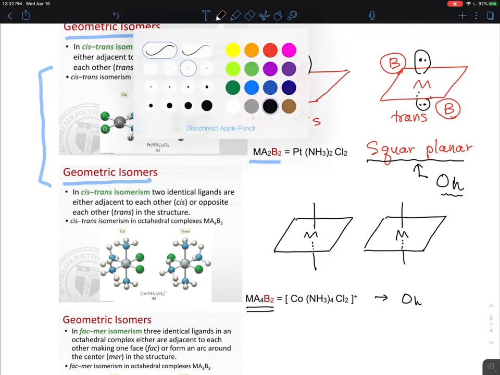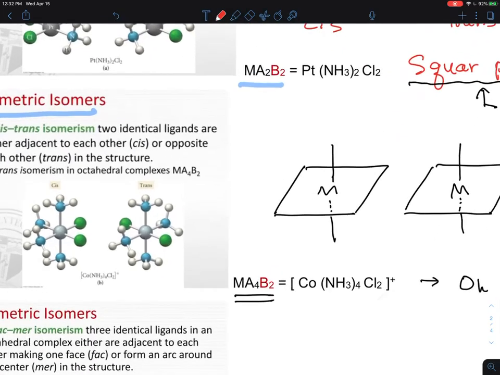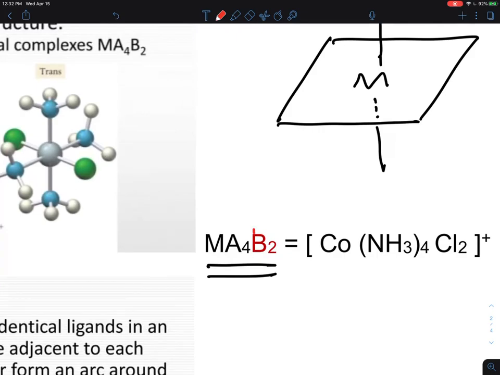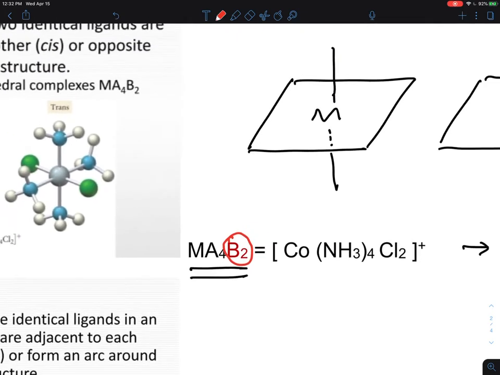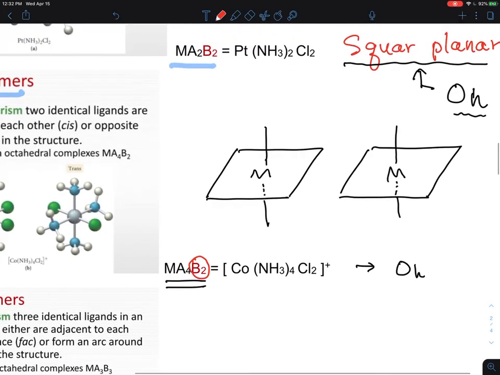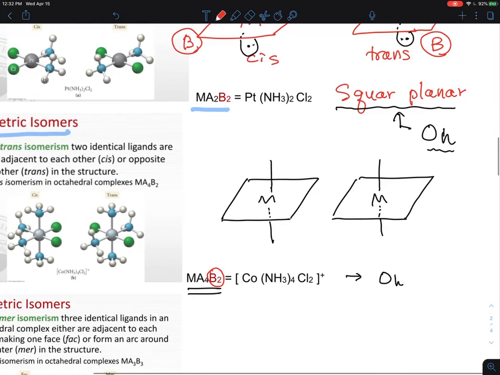Then I'm going to focus on the cis-trans where you're only involved. Try to pay attention to this B2, right? We're only talking about a 2 ligand arrangement, whether they are on opposite sides, which is probably much easier, or on the same side.